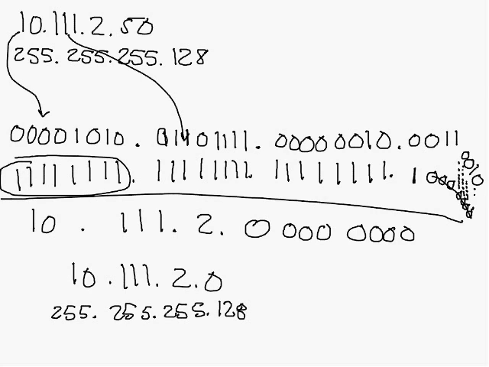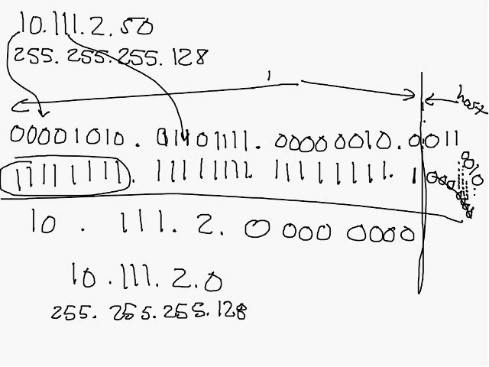Just remember, this is the process by which we determine which portion of an address is network and which portion of an address is host. In this case, all the bits on this side are host bits, and all the bits on this side are network bits. That's what you want to get: network bits on that side, host bits on that side.